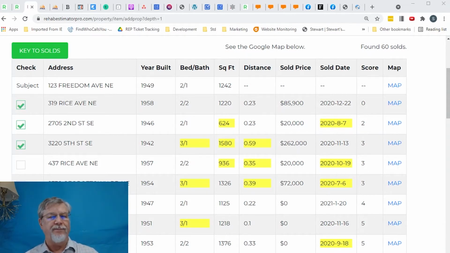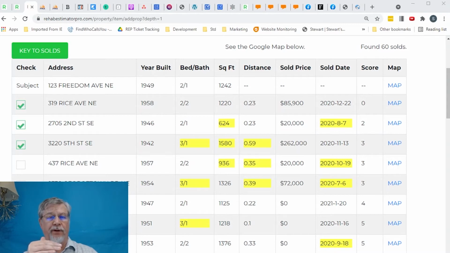In general, you're going to have a couple of properties that fit the criteria. If you come up with one property or no properties, then you start loosening the criteria. And there's some criteria that you can't automate, that local information is absolutely critical to.